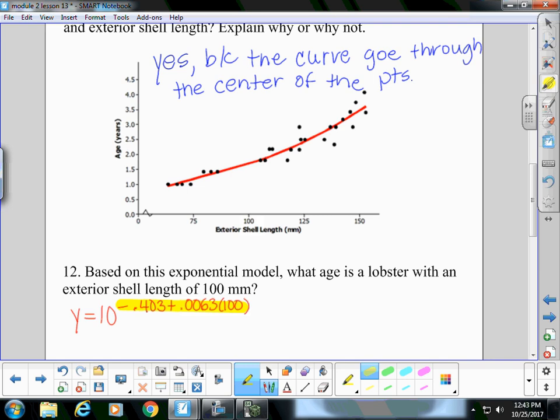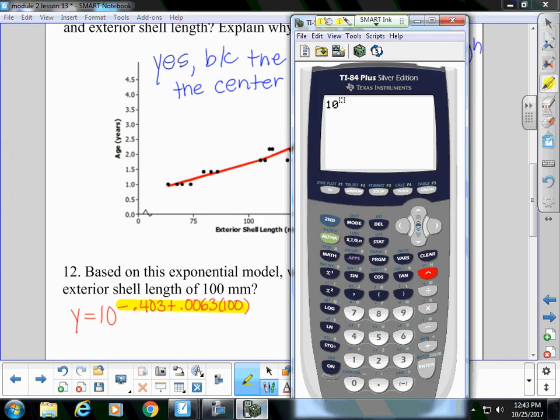That would be the other way to put it in the calculator. Okay, but I can type everything in this particular calculator as it says right there. So negative 0.403 plus 0.0063 times 100, and my parentheses, equals.